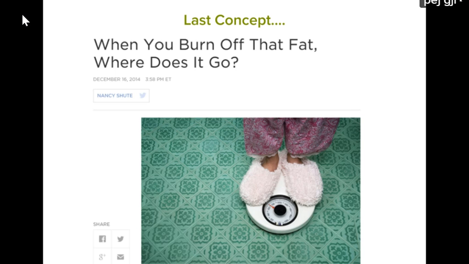CO2. And the CO2 is what leaves you. Carbon has mass, so if something that was in you then leaves you, your mass is going to decrease, okay?